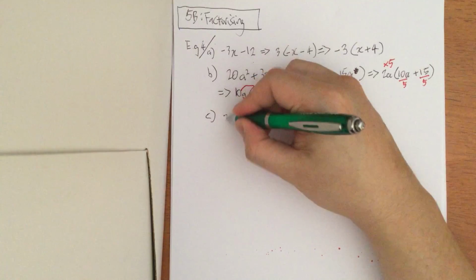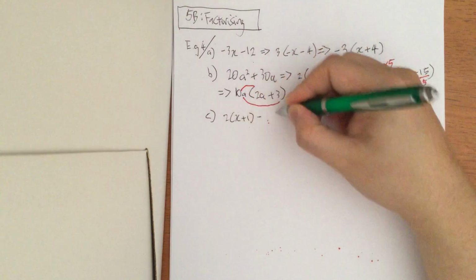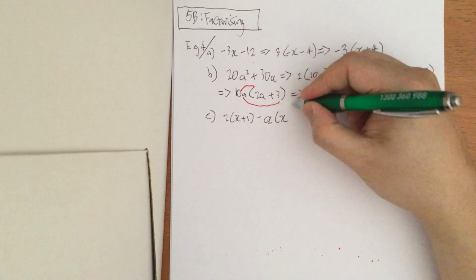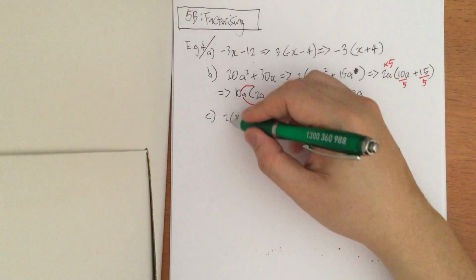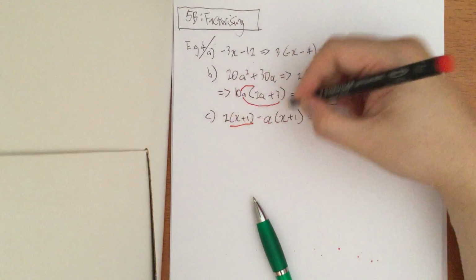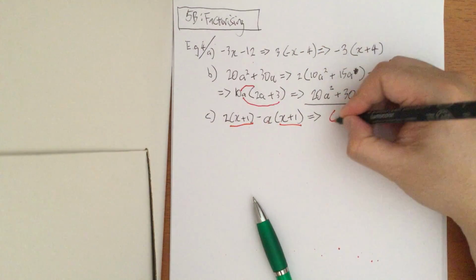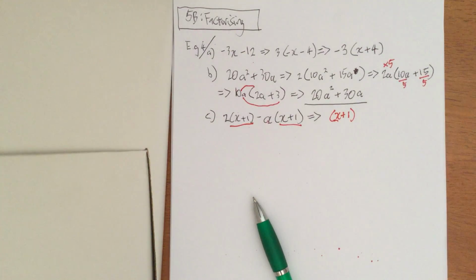Part C, 2(x plus 1) minus a(x plus 1). Well, do we have a common factor? Oh, hang on, 2 and a. Oh, that doesn't look common. But hang on, isn't this a common factor? So x plus 1 is, I never said a common factor has to be a number or letter.